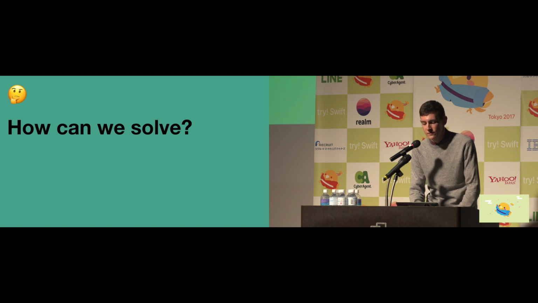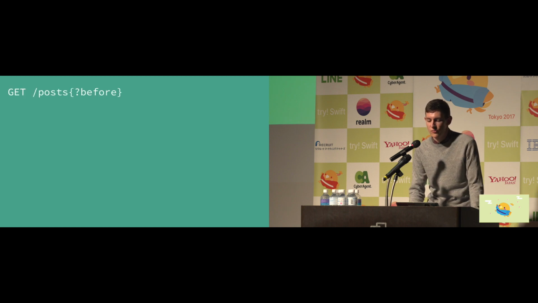So how can we solve this problem? Obviously, we could implement deduplication on the client side, but ideally we want to solve this on the API side so each client doesn't need to re-implement these kinds of workarounds. And there could also be other problems related to how the pagination worked. So we might decide to drop the concept of pages and instead make pagination work via the IDs of posts.